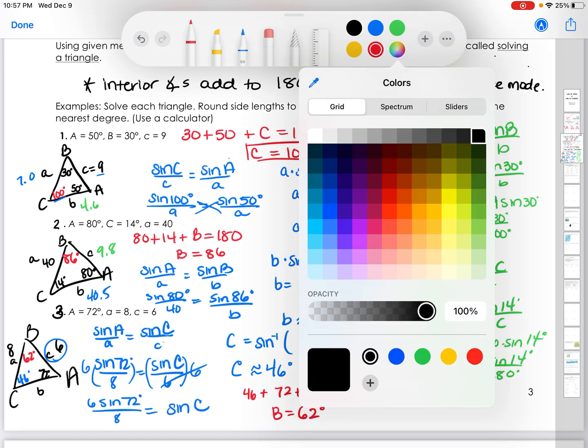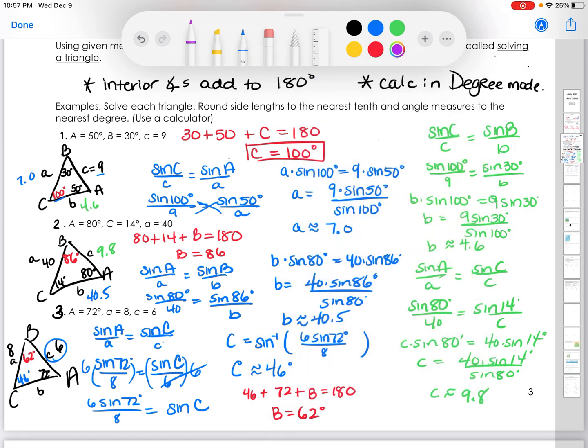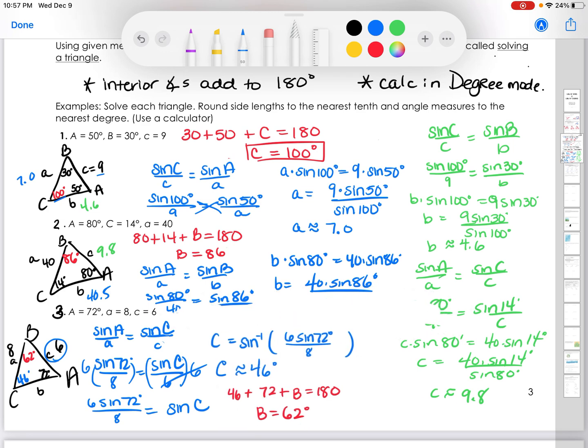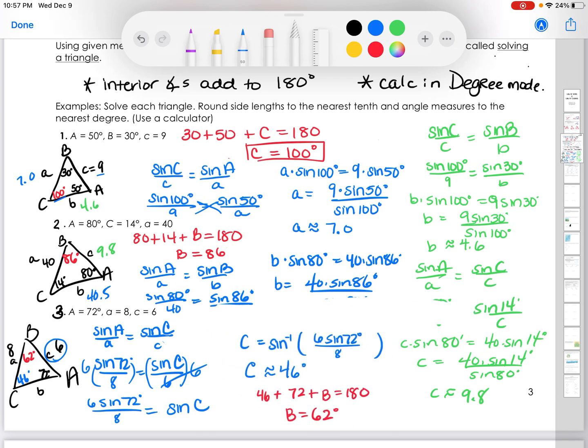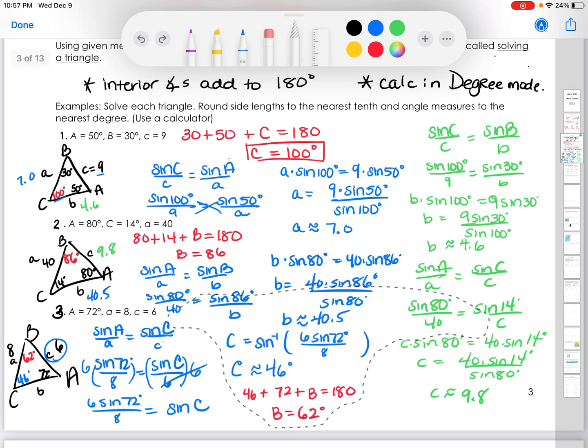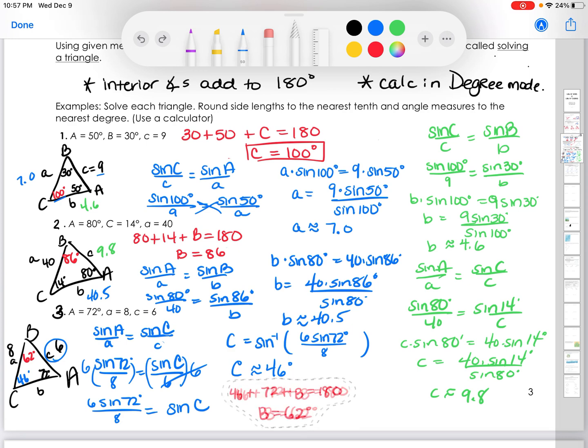So we're going to try to squeeze this in somewhere. We have that sine A over A, I'm just going to scooch this over. Okay. So we have sine A over A is equal to sine B over B. All right, and now let's use what we do know.